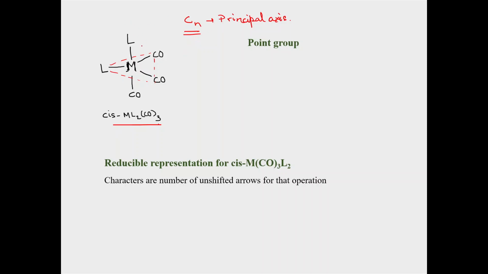Okay. Actually, if we see, there is no principal axis in this complex. There is only one sigma plane, which is this. I will take another color. If we take this plane, it will cut this L and CO, and it will bisect these two carbonyls.